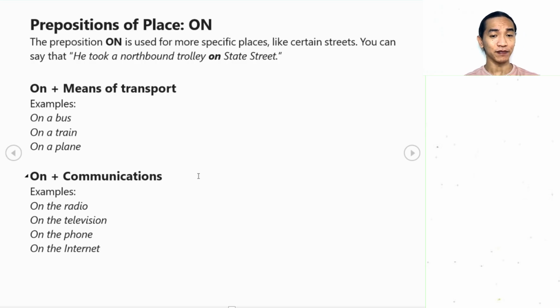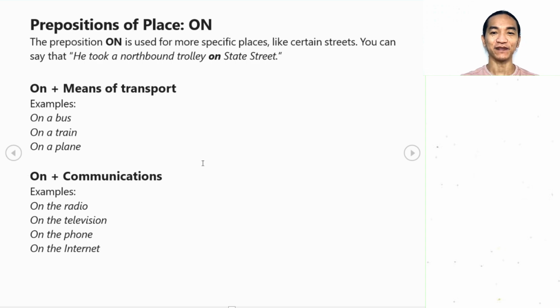We also use on when we're talking about means of communication: on the radio, on the television, on the phone, or on the internet. Like for example, your picture is on the internet. Anna is on the phone, not in, because this is a mode of communication.